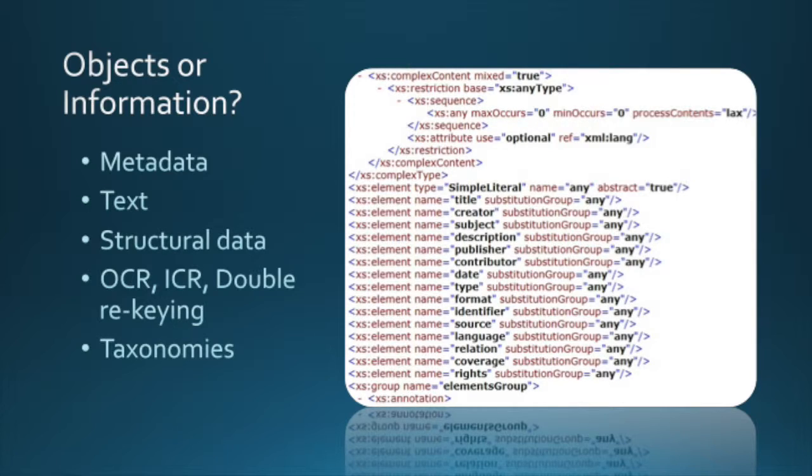And with text, we have techniques available like optical character recognition, intelligent character recognition, although the jury's still out on that one, if I'm honest, and double rekeying, which of course generates potentially the most accurate content, particularly from older material. And it might be possible to integrate your data with taxonomies as well. So these are pre-organised lumps of data which exist about the way in which your information should be categorised. And there's lots of those available as well.